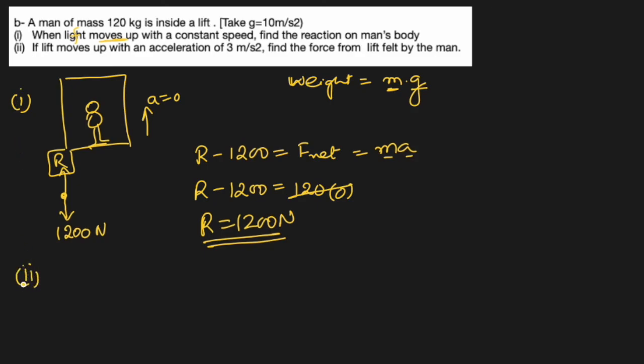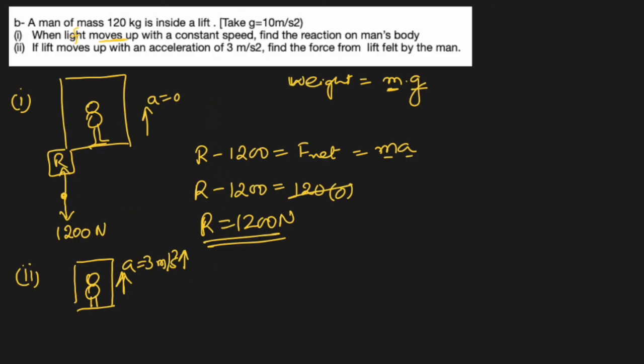Second, if the lift moves up again, but this time the acceleration is 3 meters per second square. Now the acceleration is 3 meters per second square up. Moving up? Yeah, up. Find the force from the lift felt by the man. Again, different words but the same meaning. Find the reaction force again.